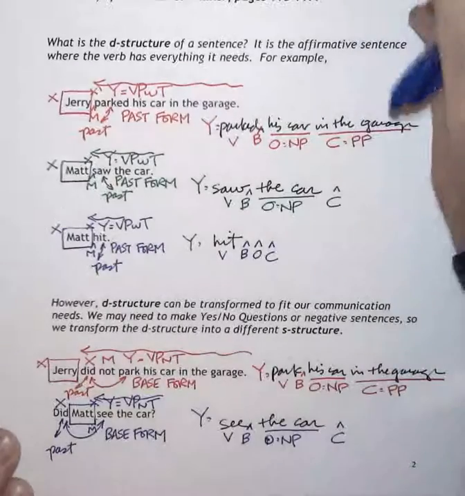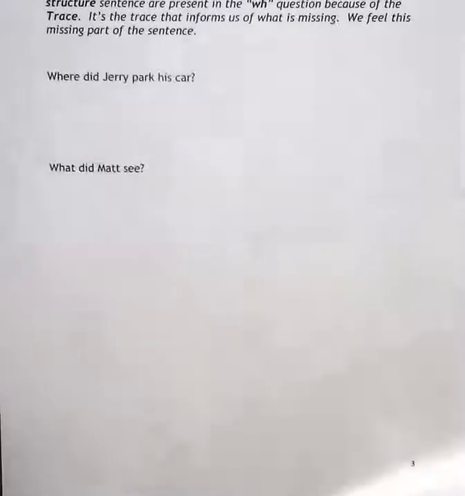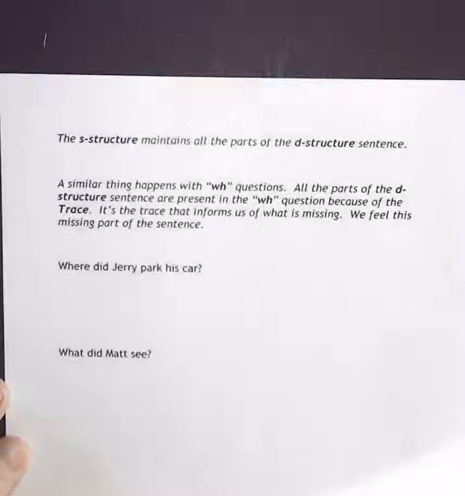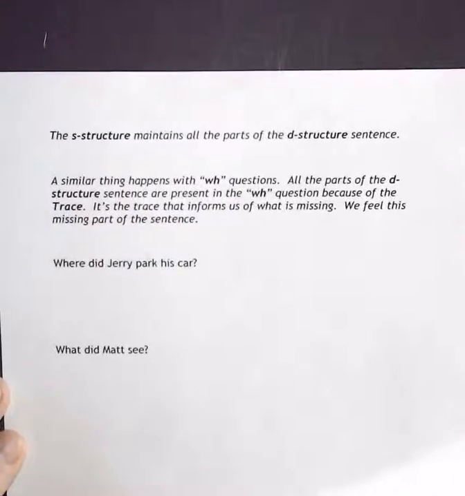So let's see what happens. Okay, so the S structure, the surface structure, keeps or maintains all the parts of the D structure sentence. There's really nothing missing. Now, a similar thing happens with WH questions.